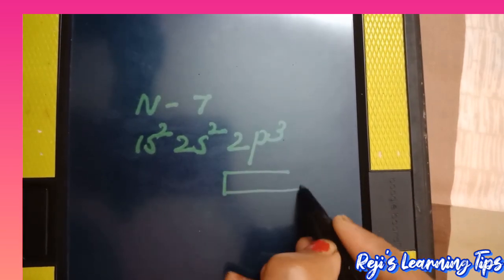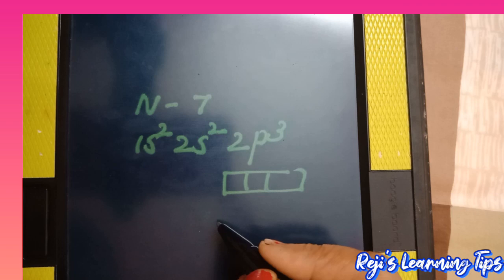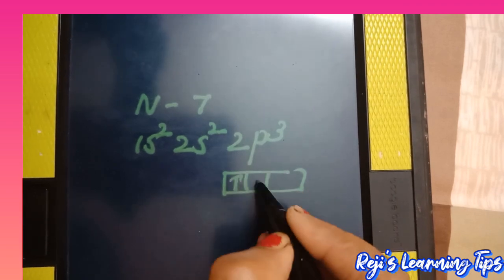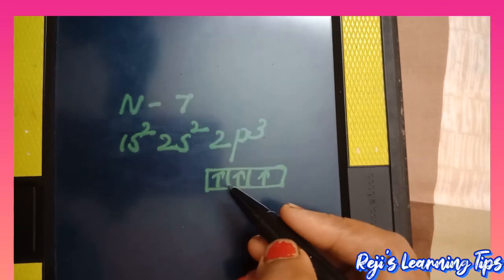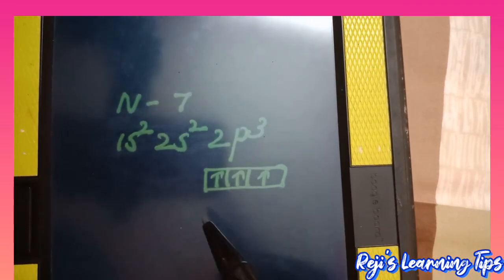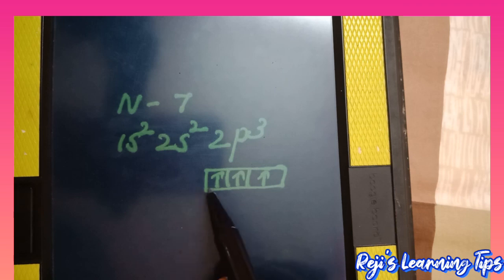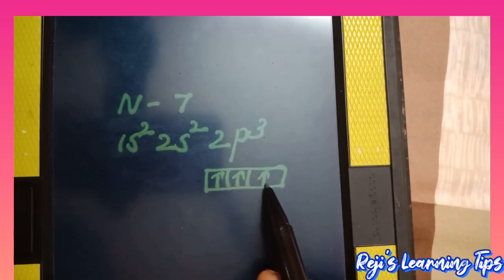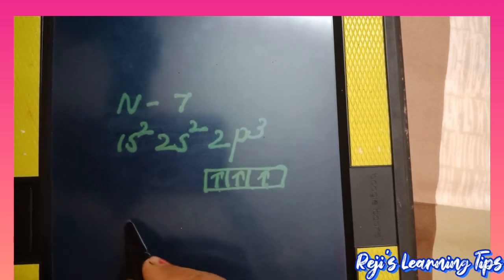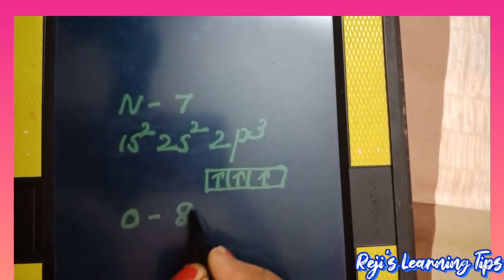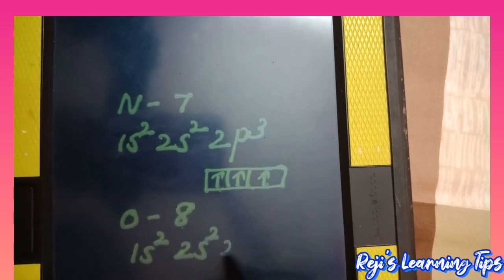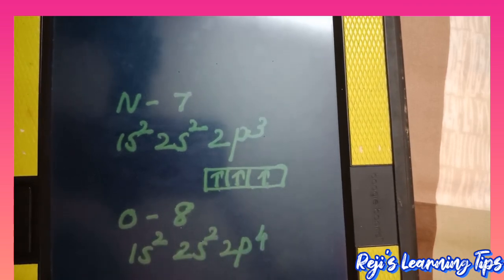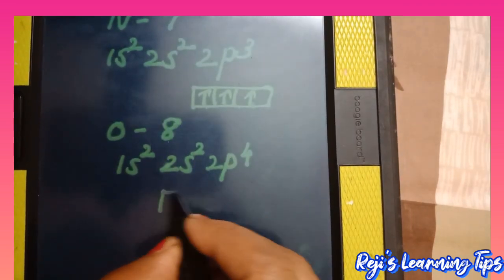We know that p has three orbitals, and these three electrons occupy three different orbitals, according to Hund's rule. In the case of oxygen, its atomic number is 8, so 1s2, 2s2, 2p4.